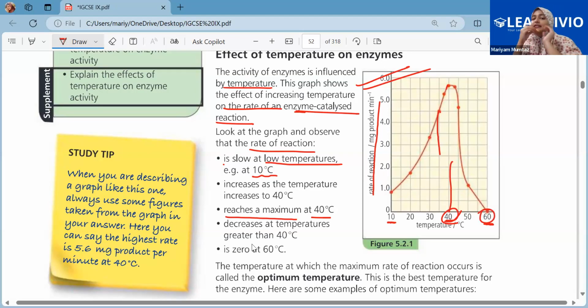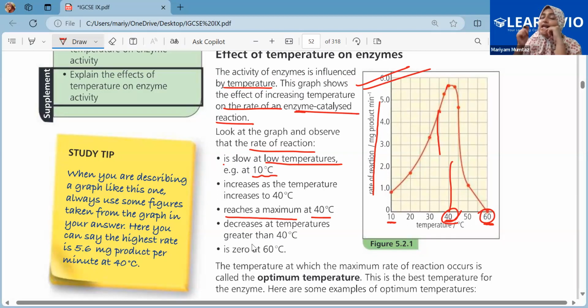So we can say that the enzyme will work well only when the temperature is optimum, meaning when it is what the enzyme requires. Different enzymes work at different temperatures. So if there is an enzyme that works best at 40 degrees Celsius, below 40 degrees Celsius it will form low products, and even above 40 degrees Celsius it will form low products because it works at an optimum temperature.